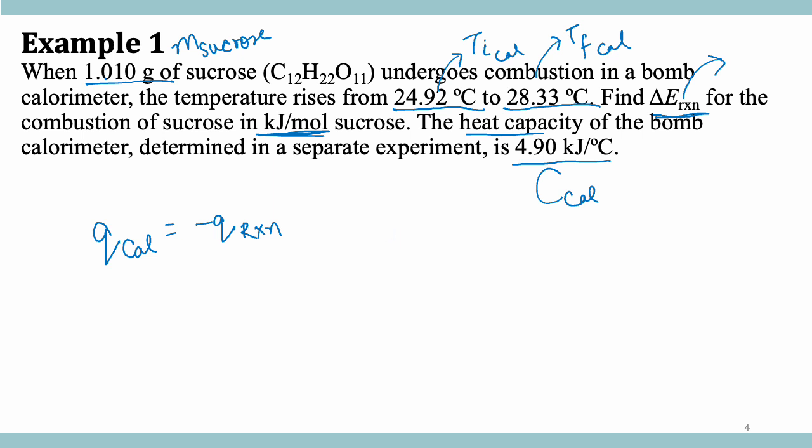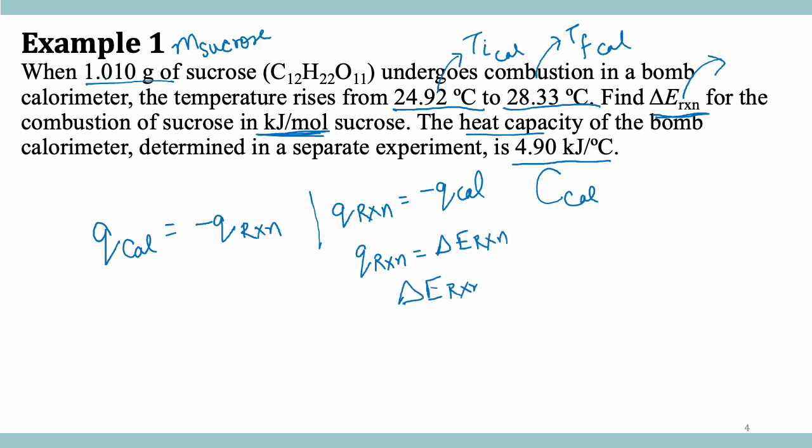Q of calorimeter is equal to negative Q of the reaction, which means Q of my reaction, which I'm interested in, is equal to negative Q of calorimeter, and Q of reaction is equal to delta E of my reaction. So delta E of my reaction is equal to negative Q of calorimeter. If I can find Q of calorimeter, that's my answer.